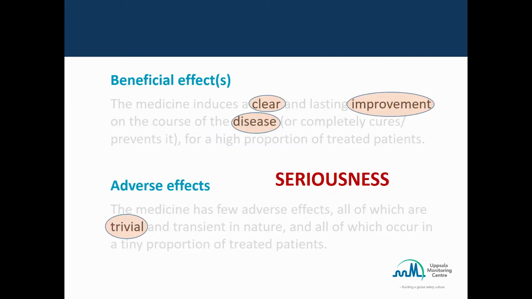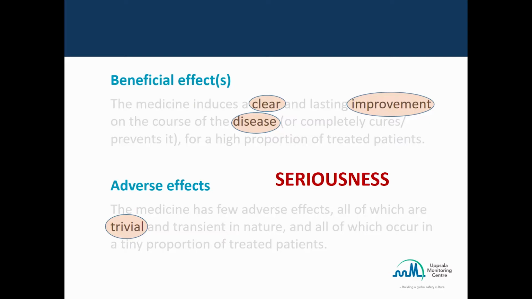So the second property is seriousness. For adverse effects, we are very used to considering seriousness, at least in pharmacovigilance, and it is apparent that the more serious the effect is, the worse it is. And in this made-up scenario, I stated that all the adverse effects were trivial in nature, for example. But we can apply a similar reasoning for the beneficial effect.